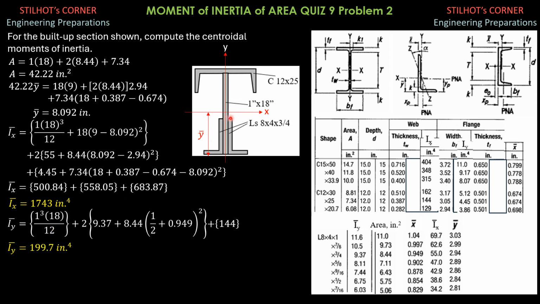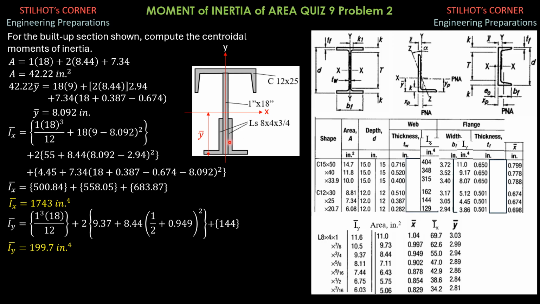Then plus, for the angles, we have to transfer. This is I bar y of the angle. There are two angles, so 2 times the quantity I bar y of the angle, 9.37, plus the area of the angle, 8.44, times the distance squared. The distance is bar x, from the centroid of the angle to the left edge.